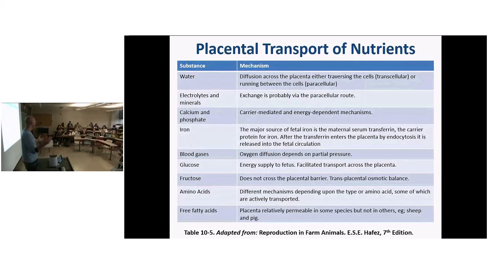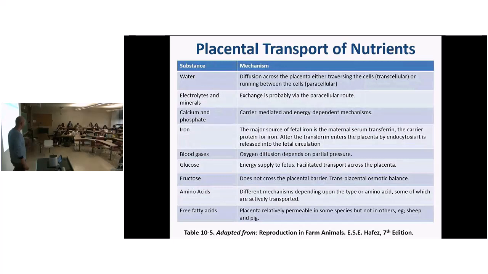So this is one. As for the other things, energy-wise, you will see that ruminants and non-ruminants tend to have slightly different fuels that will eventually go to the baby. In non-ruminants, fructose and glucose tend to be the primary source of energy for the fetus.